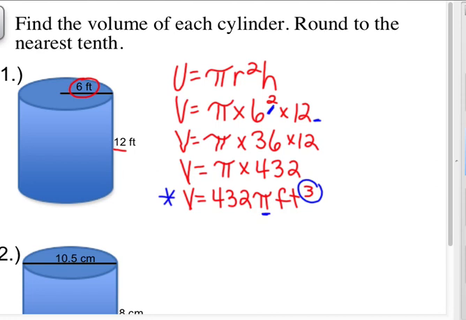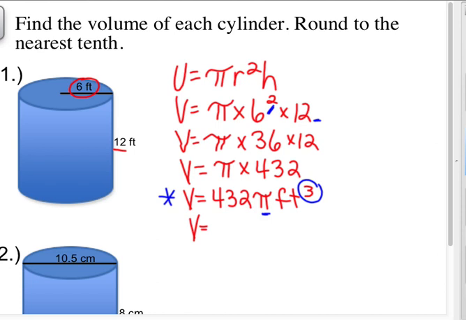Now on your calculator, you're going to take 432 times the pi button, which is the actual value of pi, and round your answer to get what we call the decimal answer. If you don't have a pi button on your calculator, you can substitute in 3.14, but that really isn't ideal because 3.14 is an estimation of pi, and it's not going to give you the most accurate answer.